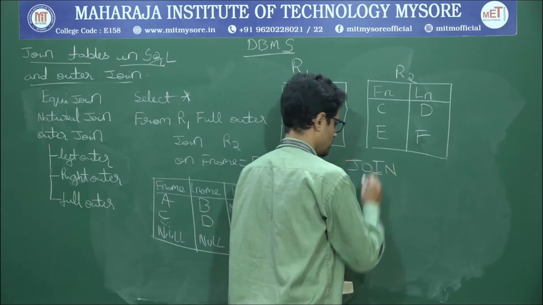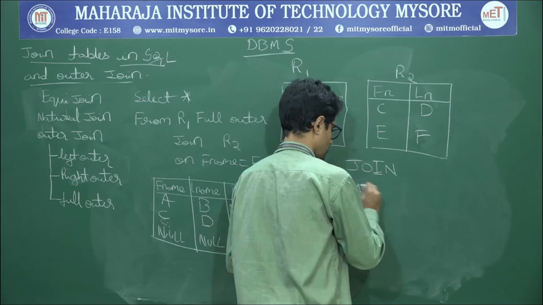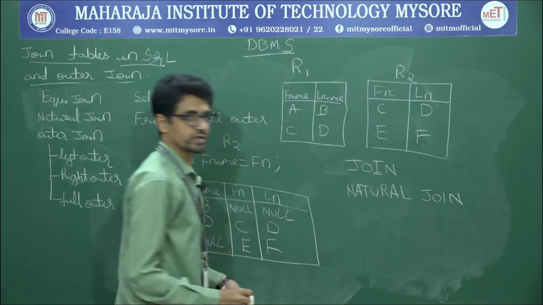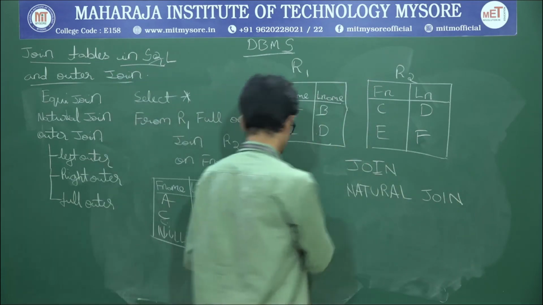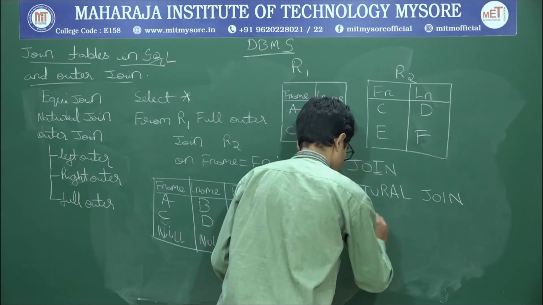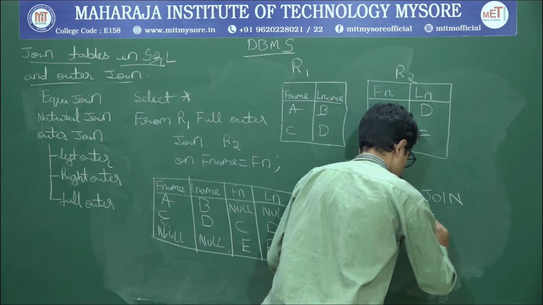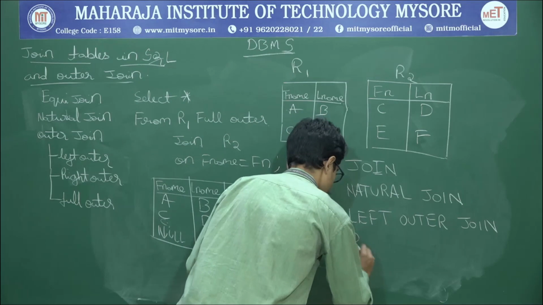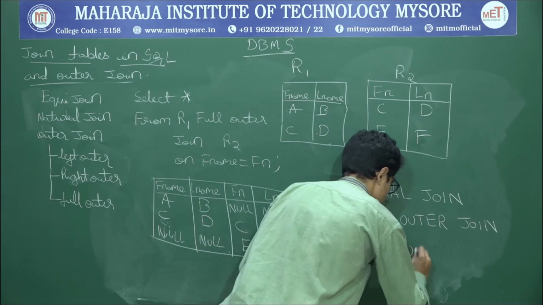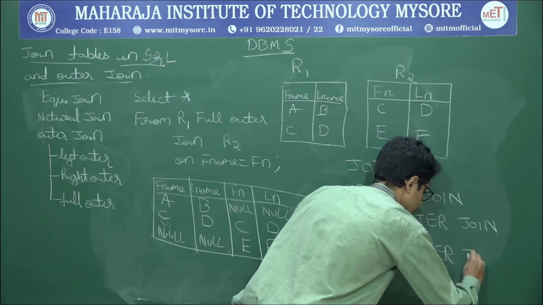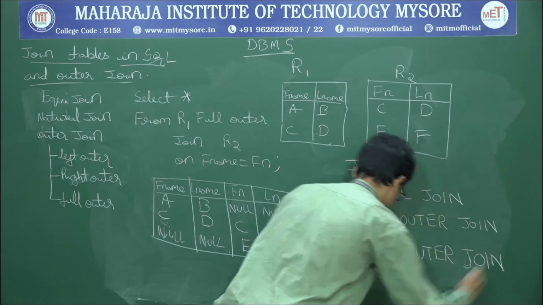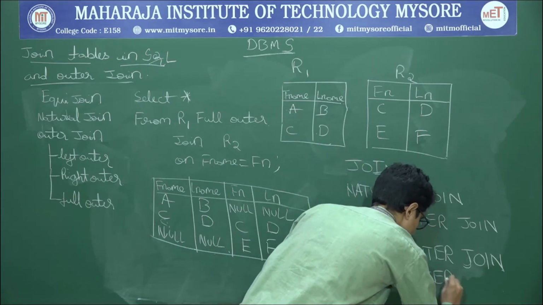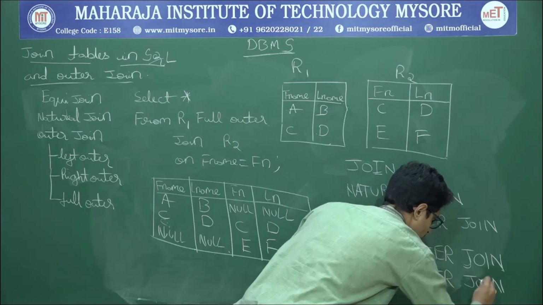We have join, then we have natural join, then we have left outer join, then right outer join, then lastly full outer join.